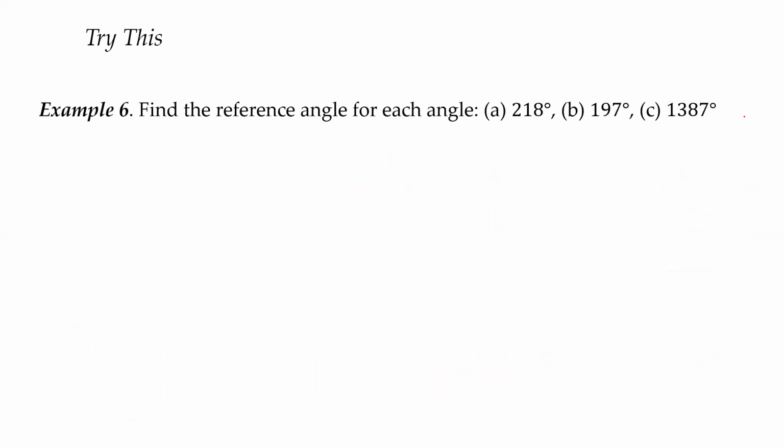Find the reference angle for each angle. Letter A, 218 degrees. For our 218, if we can observe, 218 is more than 180 but less than 270 degrees. So we will calculate our reference angle with respect to the 180-degree mark, which is from the negative x-axis.